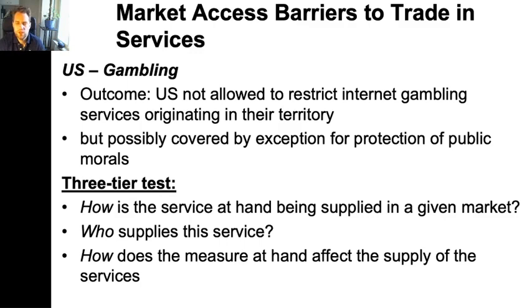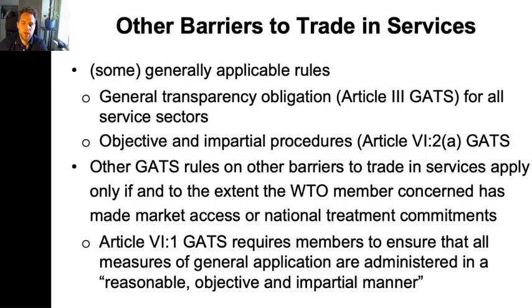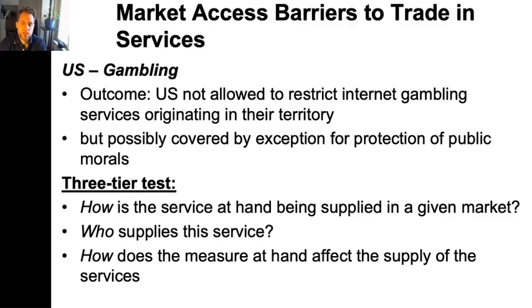Because, as we said at the very beginning, public morals might be particularly relevant to prevent your population from developing dangerous or pathological gambling habits, but that is a different question, and we'll come back to that when we speak about exceptions to trade. The big question discussed here was whether that is possible or not. It was not possible because the US has not reserved the right to restrict foreign service suppliers from operating on its market.